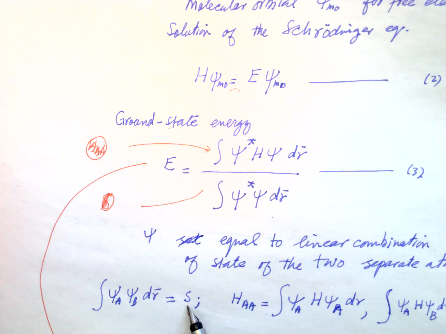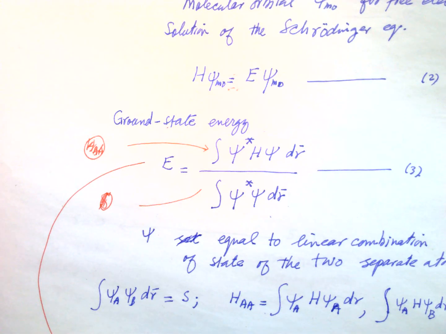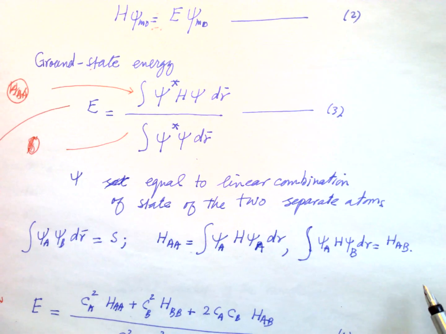So this is S and H AA, we will represent this one, and this is H AB. So these are the simple notations.